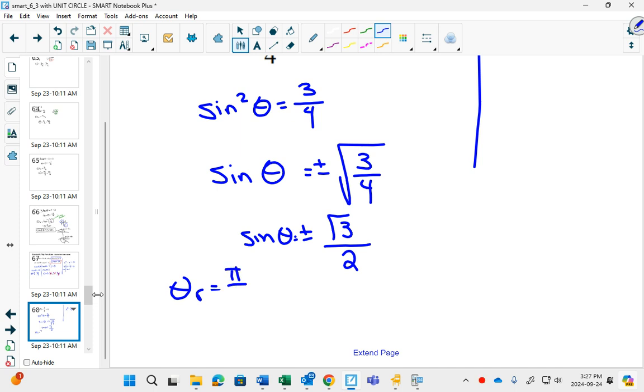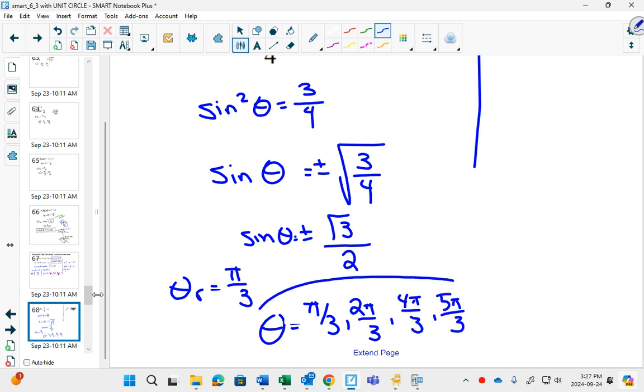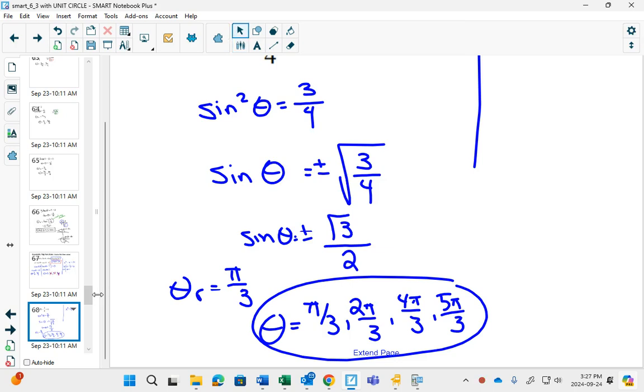Not pi over 6, it's pi over 3. And then, because of the plus or minus, we have quadrant 1, quadrant 2, quadrant 3, and quadrant 4. 4 answers. Each of those answers is given a half a mark. Can you see if you forget the plus or minus, you would be missing 2 of them. And then you would lose a whole mark as a result. This is like a family gathering, the whole pi over 3 family solution.